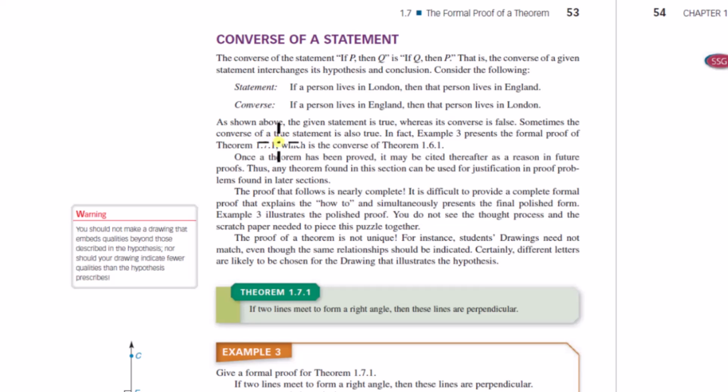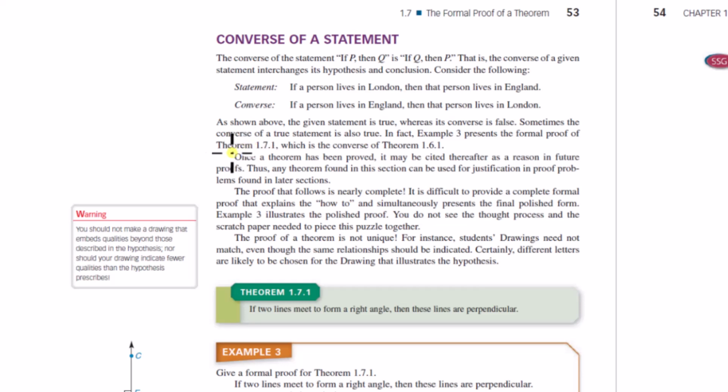Sometimes the converse of a true statement is also true. In fact, Example 3 presents the formal proof of Theorem 1.7.1, which is the converse of Theorem 1.6.1. So sometimes the converse of a conditional statement is true and sometimes it's not. But what you can do is prove a theorem and then also prove the converse of the theorem.